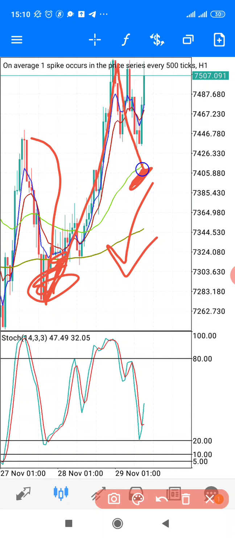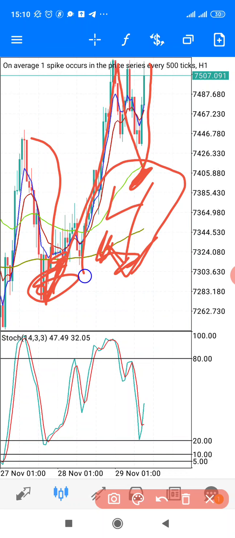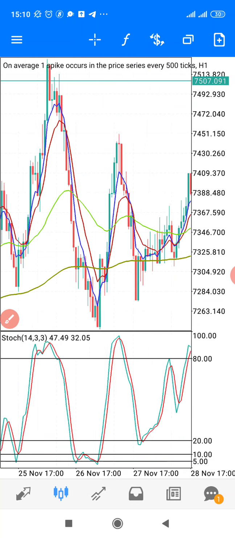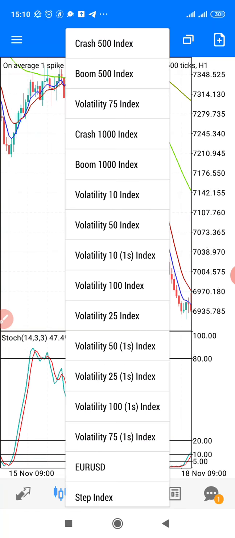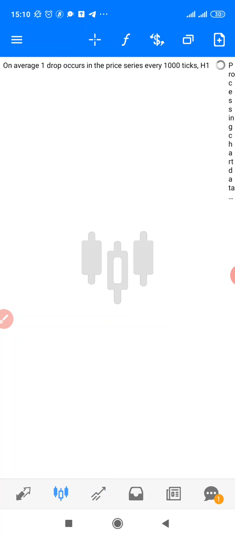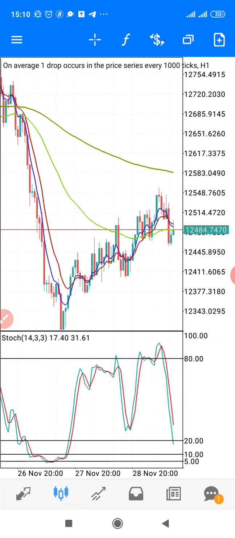You see it? Then it's going. So this green one, and this one I call maybe deep green or army green, whichever one, they are trigger points. That means when you are up against the trend, watch it, close your trade immediately in that. Let's say Crash 1000. I believe you are understanding me.